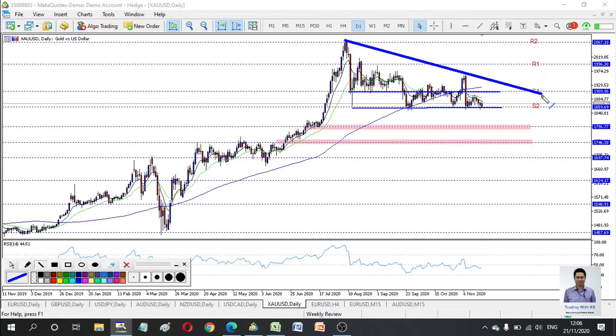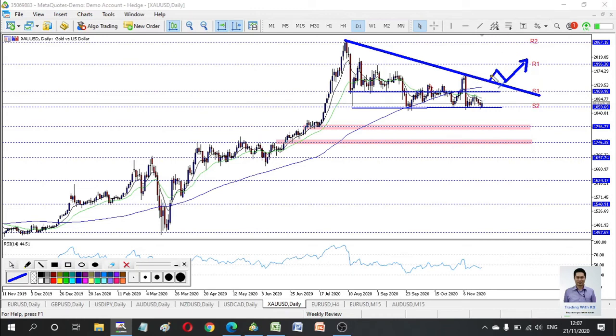So you have to be careful. Also you have to look at this trend line. The best way to trade is when it breaks this trend line. That is the best indication of a break of the current retracement and a change towards an uptrend.